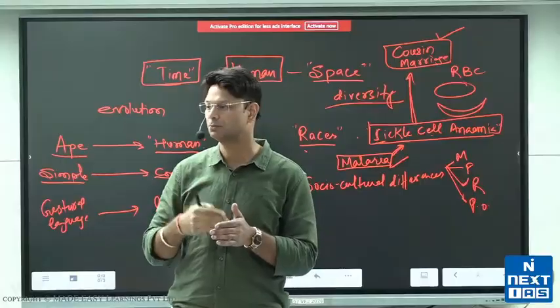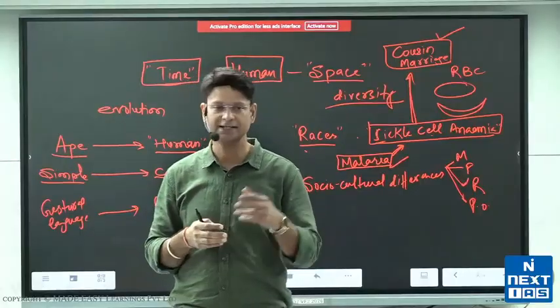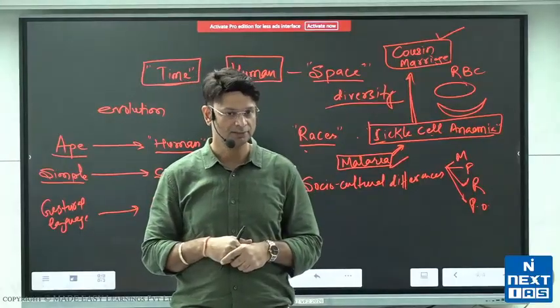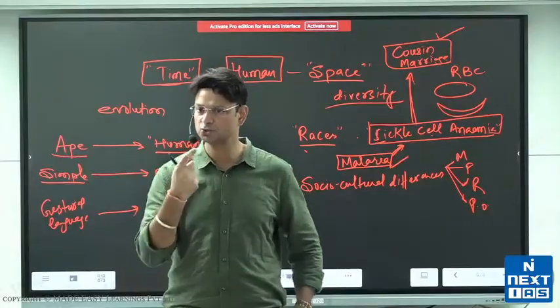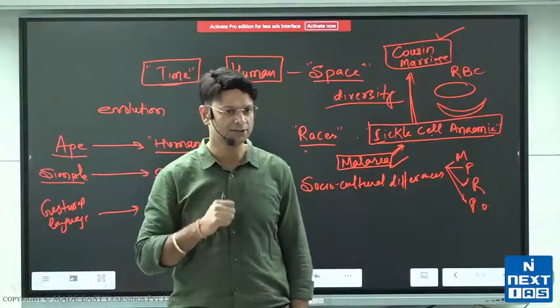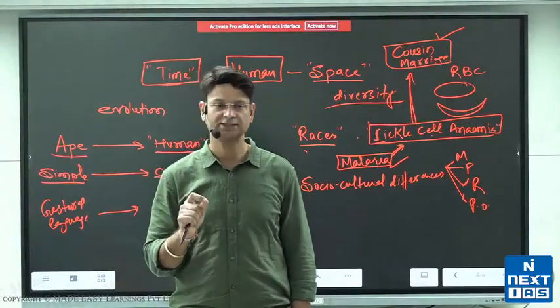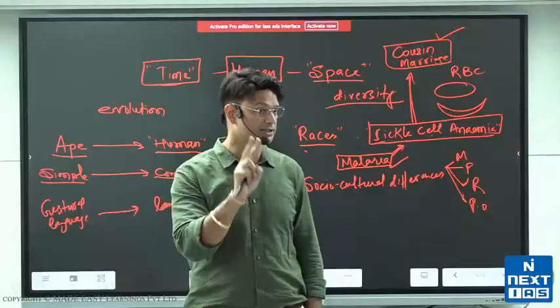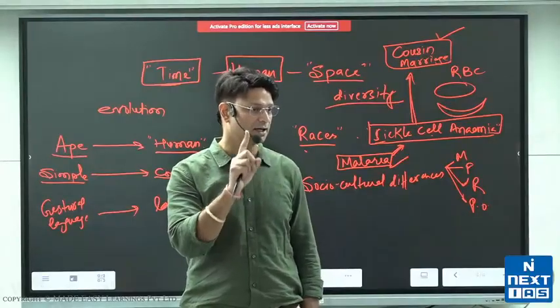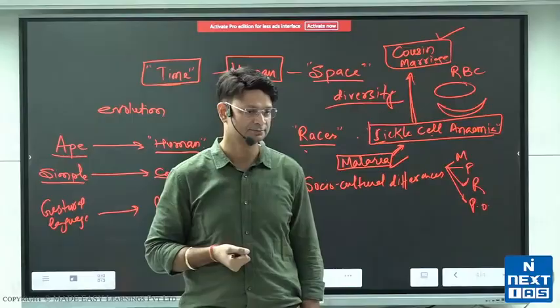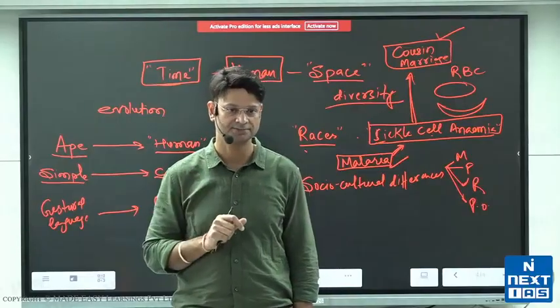What about polyandry? Hatti tribe of Himachal Pradesh, last year, two brothers married a single woman and it was national news. Are you aware of it or not? Last year, two educated men married a single woman in Himachal Pradesh.